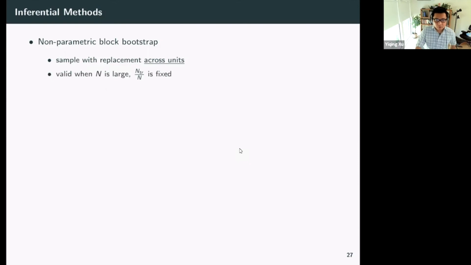It is valid when N is large and the proportion of treated units is fixed. You need to have enough treated units. If you have one or two treated units, you cannot do this, because in some rounds of the bootstrap you run out of treated units, and then the algorithm simply cannot run. So you do want enough treated units or treated observations.